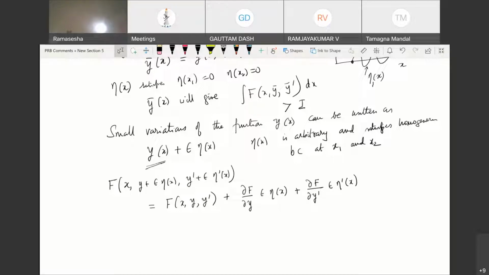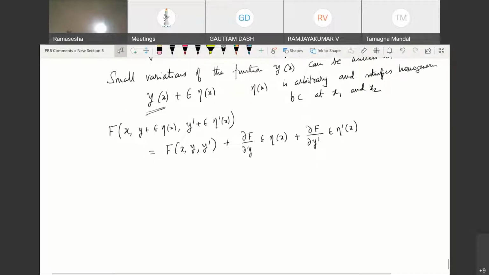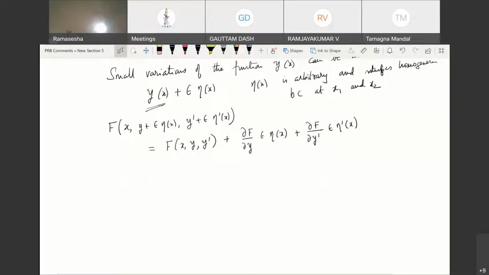So this is just what we were expanding f in. Because x we are not changing anything, that is why there is no del f by dx. That's simply because we're not changing the value.